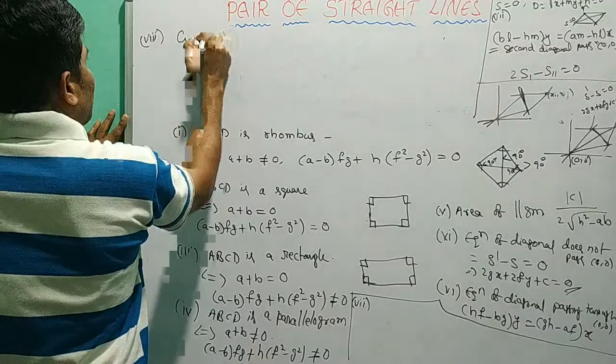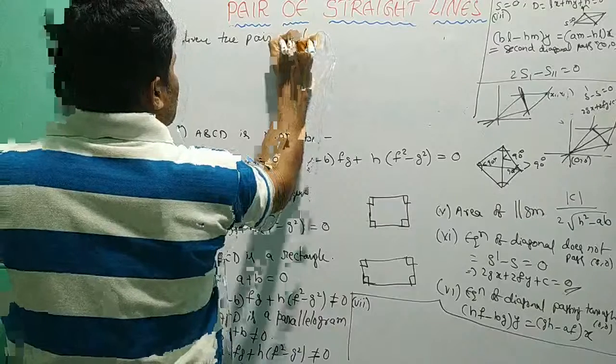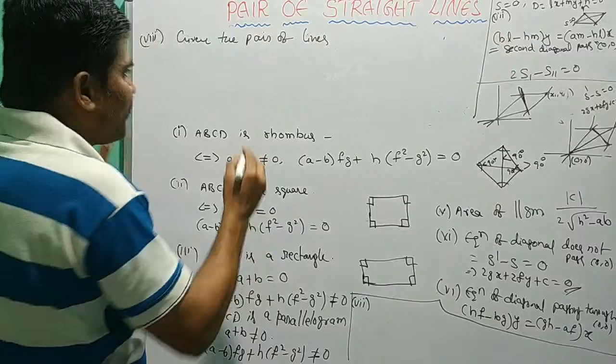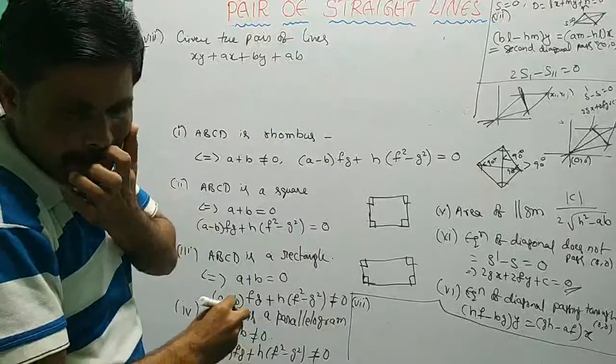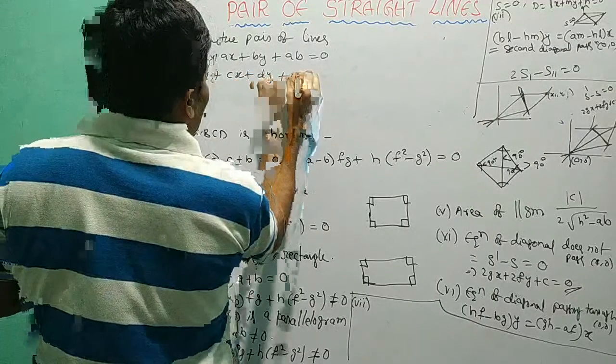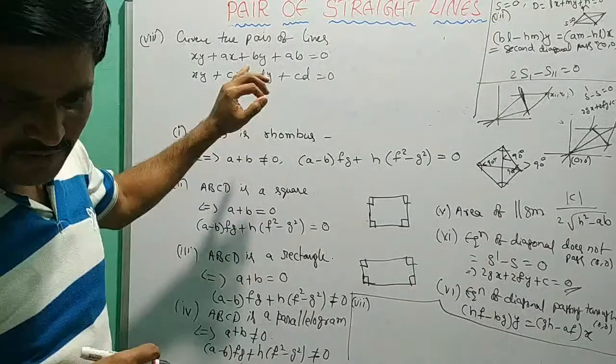Given the pair of lines, which can be formed as xy plus ax plus by plus ab equals 0, and xy plus cx plus dy plus cd equals 0.